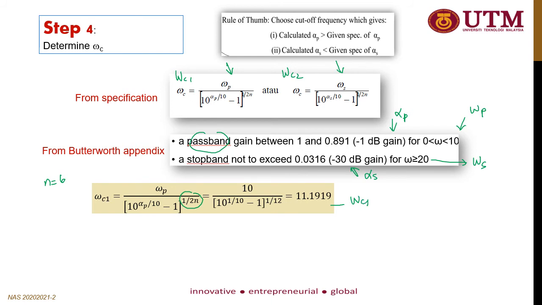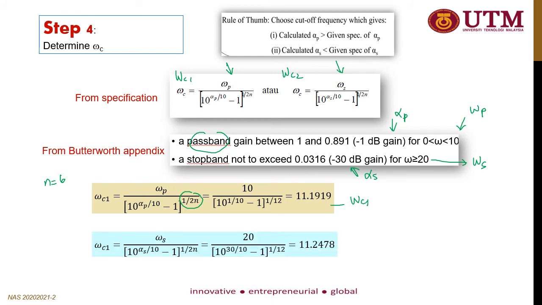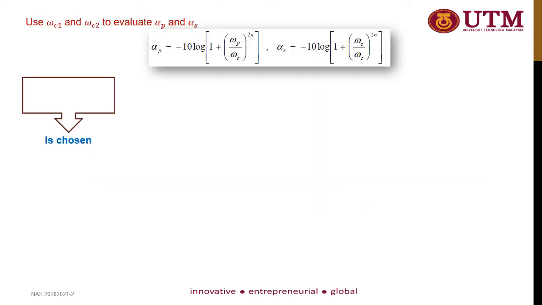Next, calculate omega C2 by using the stop band information, omega S and alpha S. So you get omega C2 values. And yet you still don't know which omega C to be used in final equation. Okay, so from earlier calculation, you have the two omega C values, omega C1 and also omega C2.